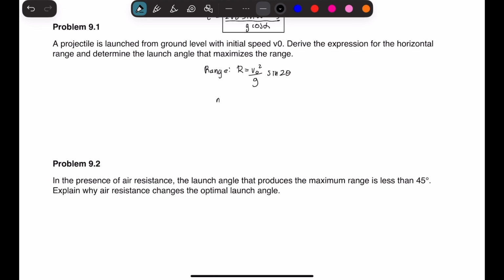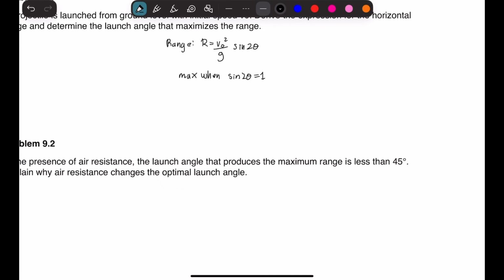It's going to be maximum when sine 2 theta is equal to 1. If you have sine of 90 degrees, that equals 1, so theta is going to equal 45 degrees since it's being multiplied by 2. That's your answer.